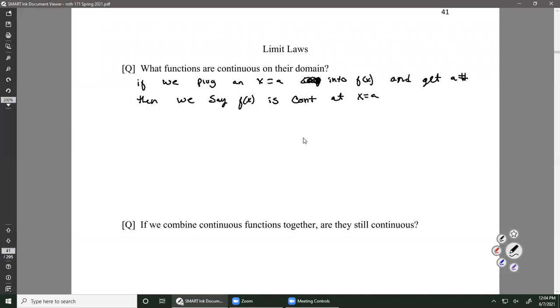All of the functions that you have seen so far in pre-calc and college algebra have been continuous on their domain. It's really hard to make a function that is not continuous on its domain. Really difficult. So we have polynomials, something like y equals x squared, y equals x cubed.